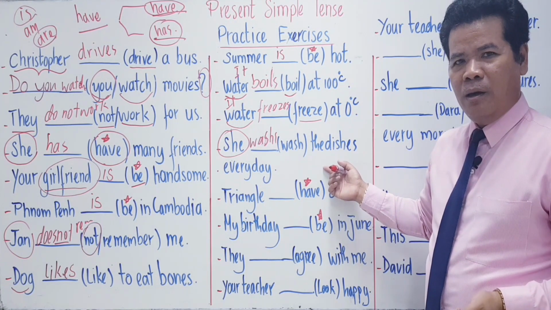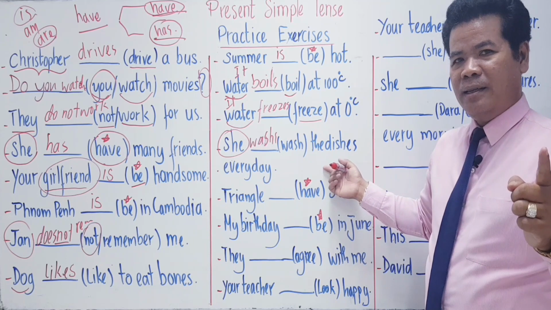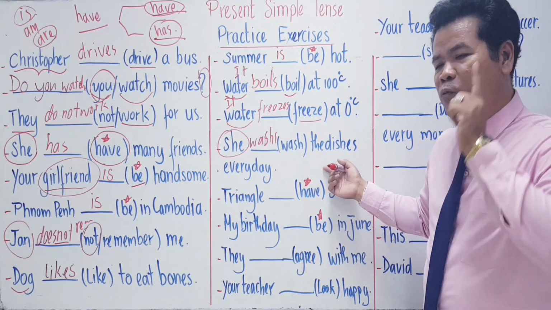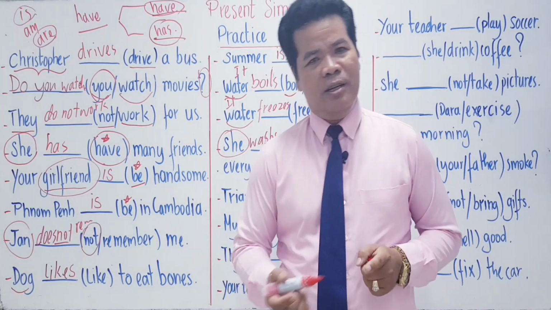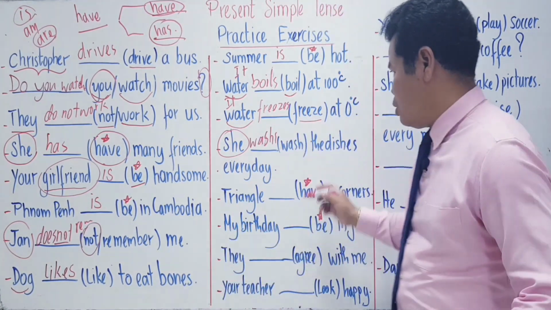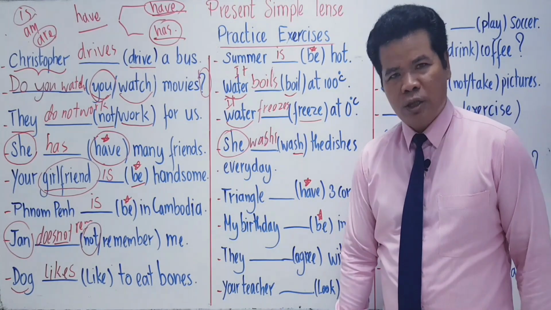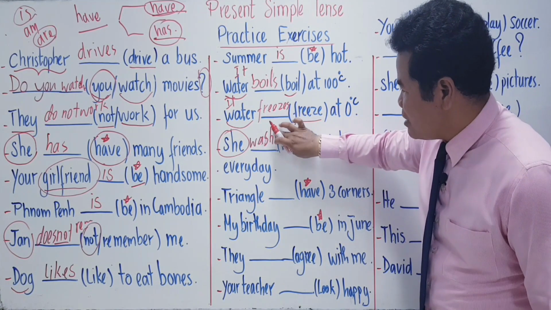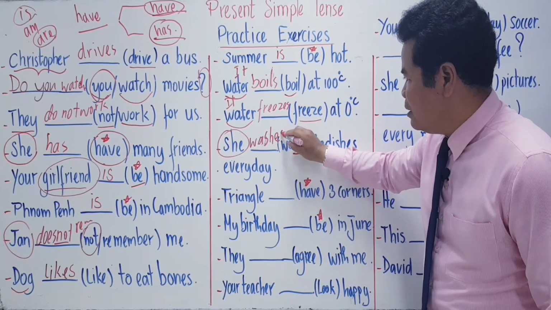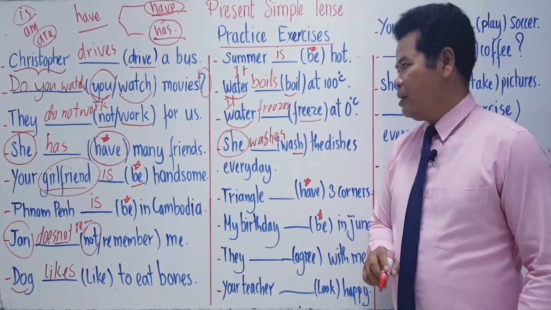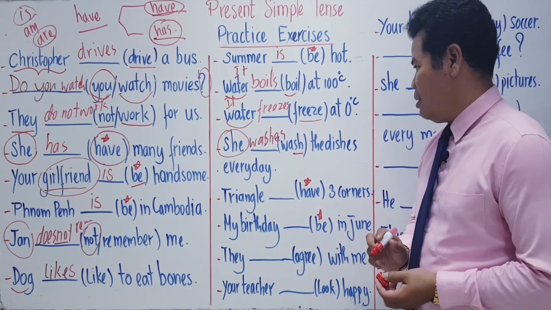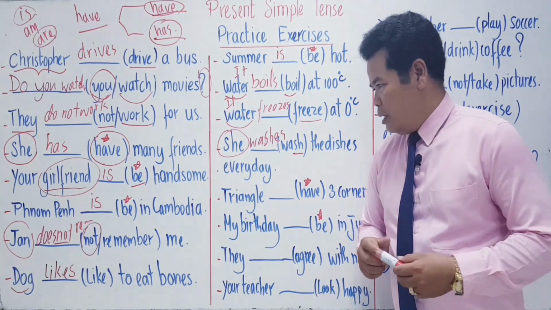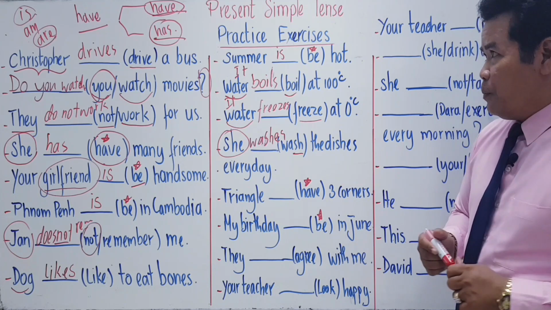It's wrong, because the rule says that ES must be added to the verb ending in SH. So where's SH? Wash. That's why we don't use only S. Just add ES. So we say she washes the dishes every day. Let's go to the other exercise.